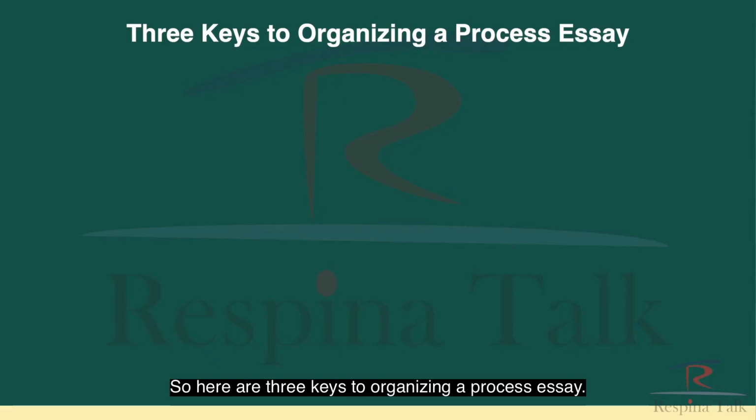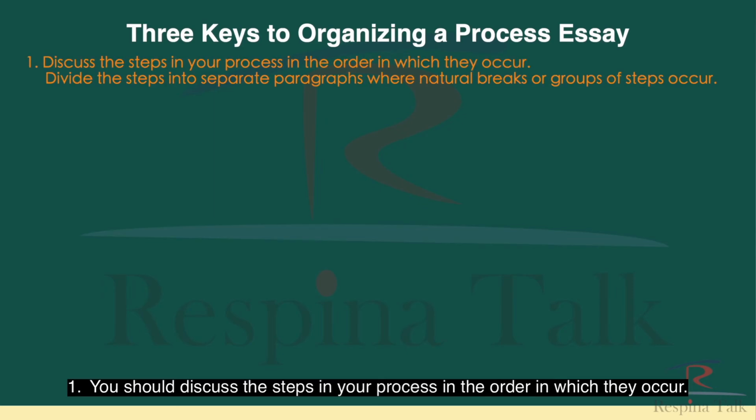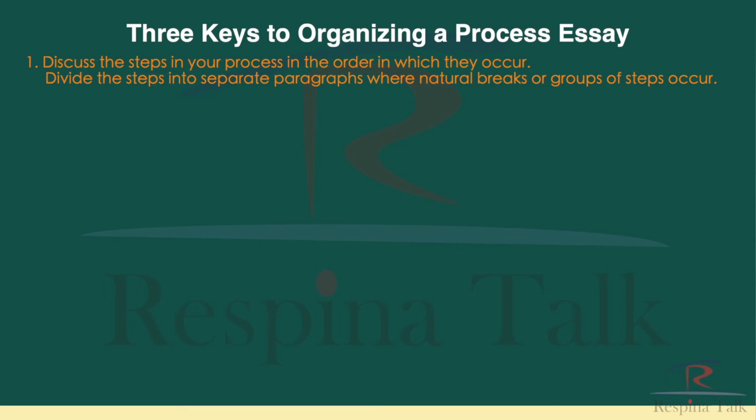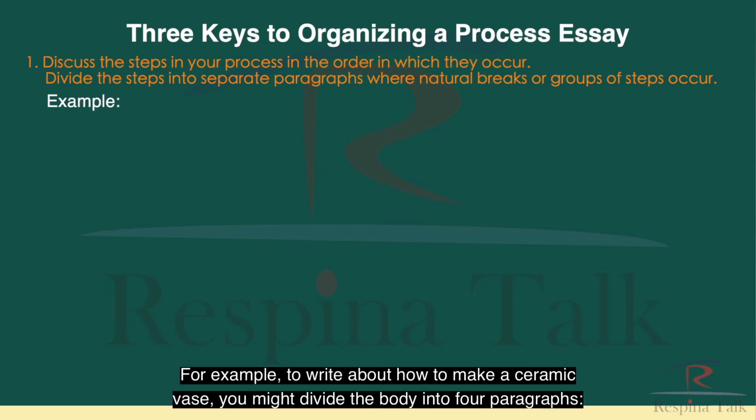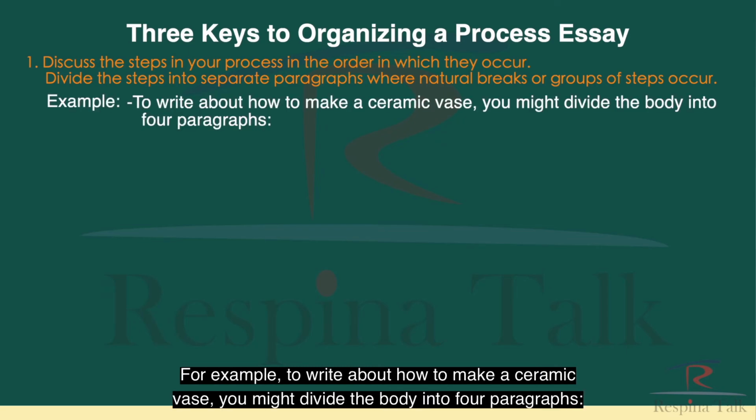So here are 3 keys to organizing a process essay. 1, you should discuss the steps in your process in the order in which they occur. Divide the steps into separate paragraphs where natural breaks or groups of steps occur. For example, to write about how to make a ceramic vase, you might divide the body into 4 paragraphs.